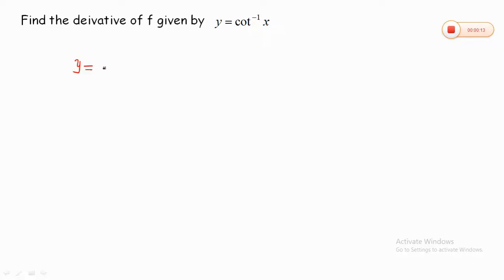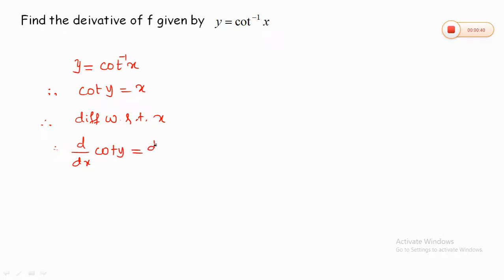Y equal to cot inverse x. Bring this to LHS. Cot y equal to x. Therefore, differentiate with respect to x. Therefore, d by dx of cot y equal to d by dx of x.